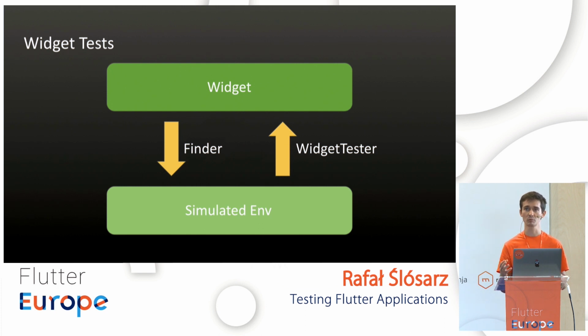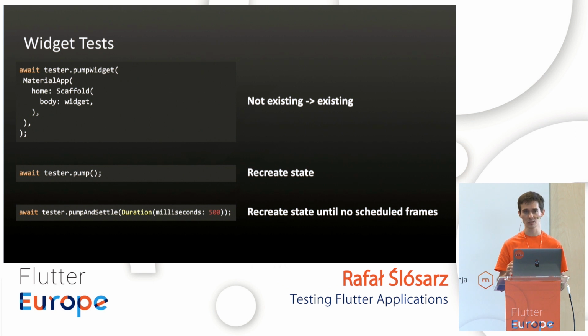And using two simple tools like WidgetTester and Finder, we can simulate the interaction between widget and user and widget and the screen. WidgetTester will let us perform some actions on the widget, and the Finder will let us find what widget we would like to see placed on the screen. But this is a little bit more complicated, as our normal Flutter applications handle and manage their state by themselves.